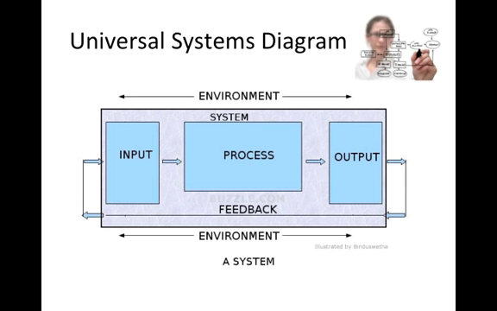There are three primary components in all systems. There is input, there's the process, and the output. And these components are the basis of every system. But they don't live in isolation. There are environments, the context in which this system exists, and there are feedback loops.